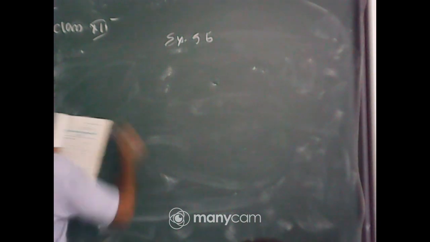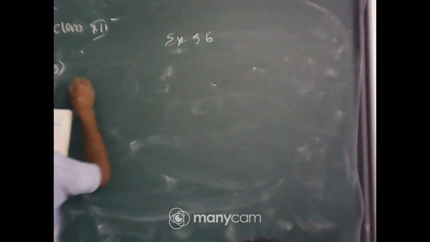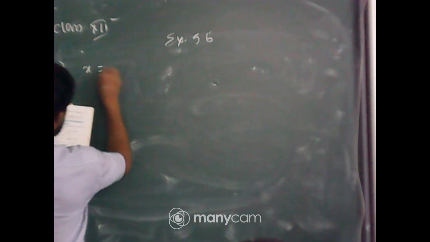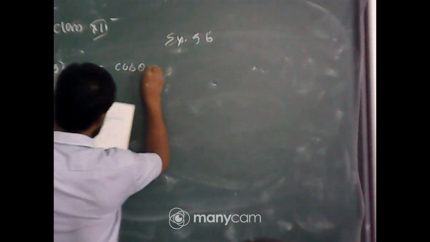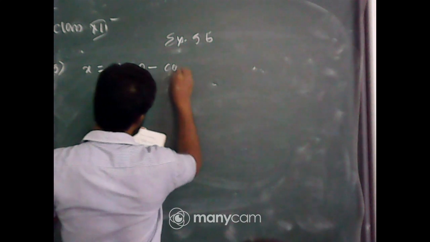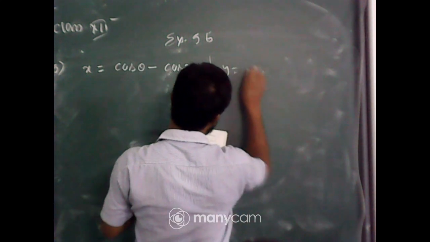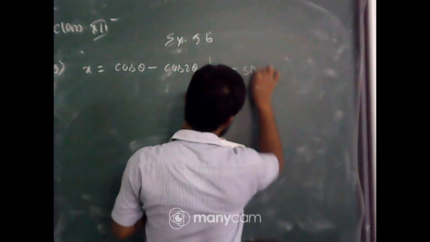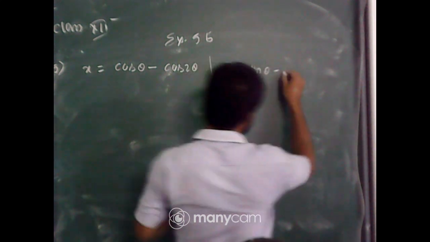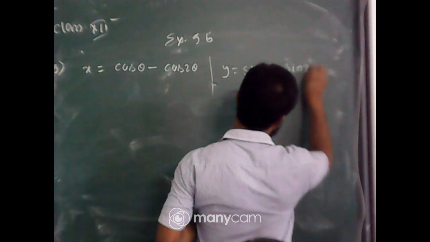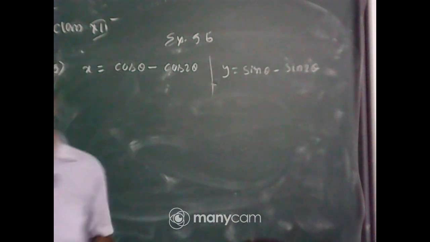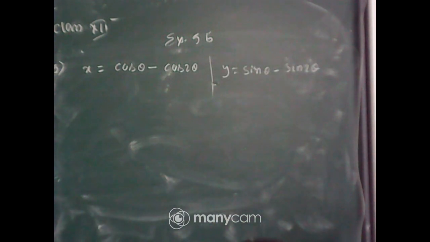So question number 5 is x is equal to cos theta minus cos 2 theta and y is equal to sin theta minus sin 2 theta. So you can see from the equation that x and y both are functions of theta. So we will differentiate x and y with respect to theta.